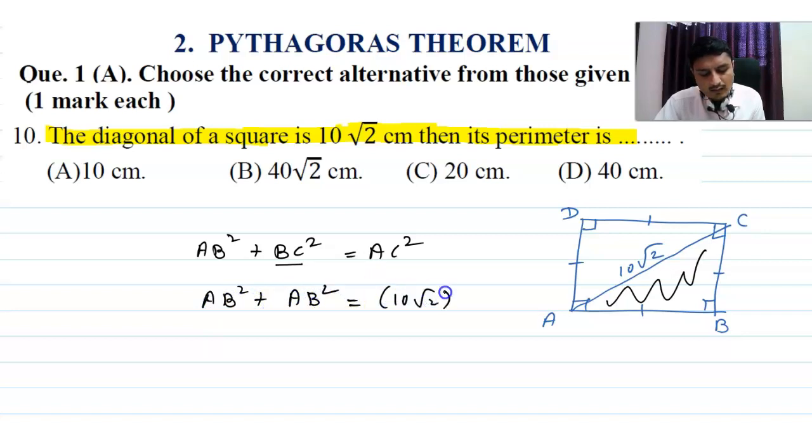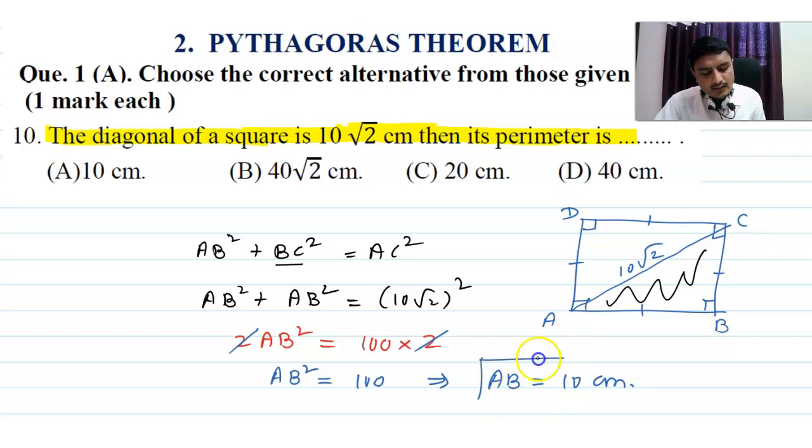Now we have 10 times root 2 the whole square. AB square plus AB square gives 2 times AB square, which equals 10 square that is 100, and root 2 square is 2. Now 2 and 2 from both sides get cancelled, we have AB square equals 100. That implies, after taking square root on both sides, the value of AB is 10 centimeter.